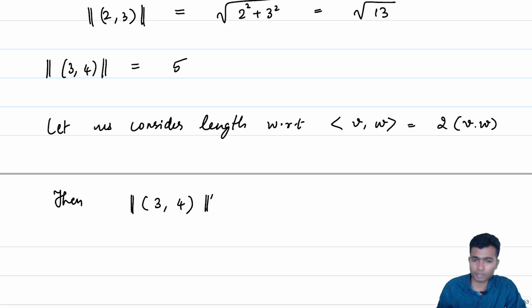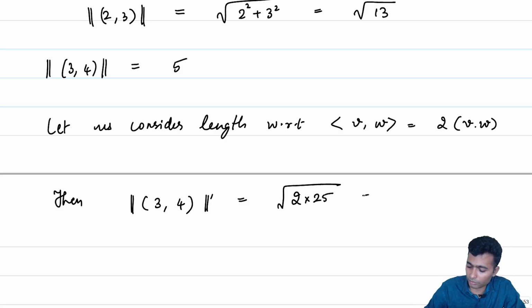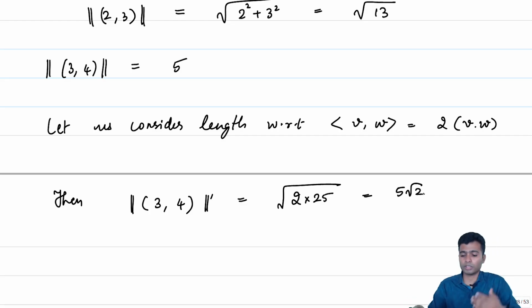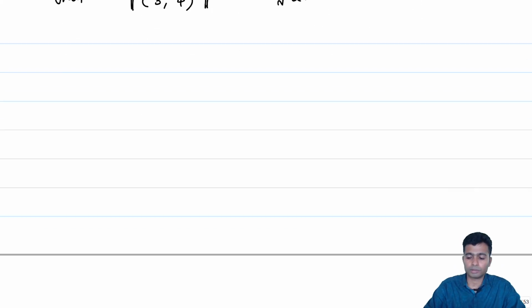Let's put a prime here to denote that this is with respect to the non-standard inner product. So this is just going to be the square root of 2 times 25, which is 5 root 2, which is not the same as the length you obtain when you use the standard inner product. So the length is a notion which very much depends on the inner product, and there is generally no standard notion of an inner product. That is what you should keep in mind.